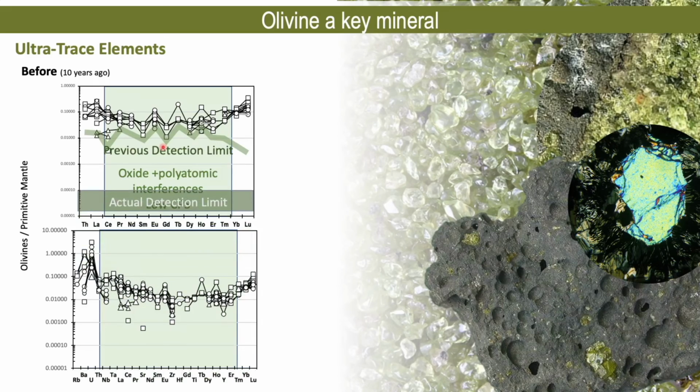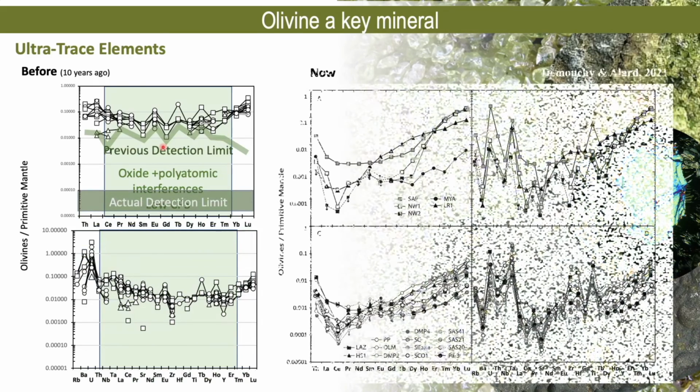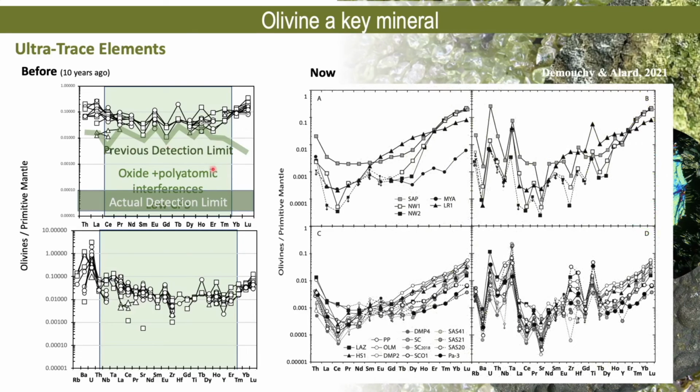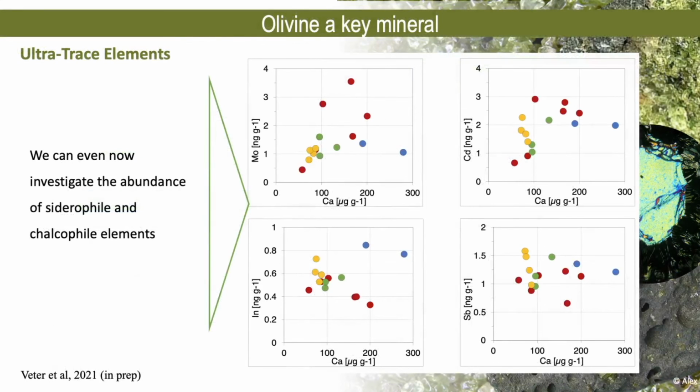This is what we now achieve in our lab: smooth and complete trace element patterns and detection limits at least 2 orders of magnitude lower. We are therefore now able to measure trace elements at the ppb or infra-ppb level in olivine in a routine fashion. We can even now investigate the abundance of siderophile and chalcophile elements at the infra-ppb level in olivine.